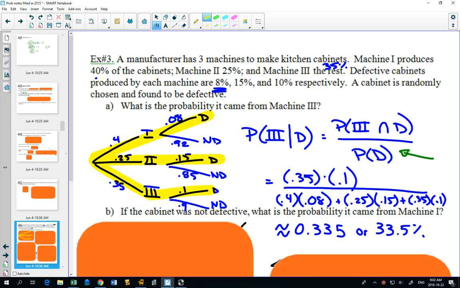Logically, if you think about that, it makes sense because machine 3 produces that many more. Because machine 3 produces more, it's going to produce more defective ones as well, even though its percentage is lower, but its overall amount makes it that you've got a good chance, 33.5%.